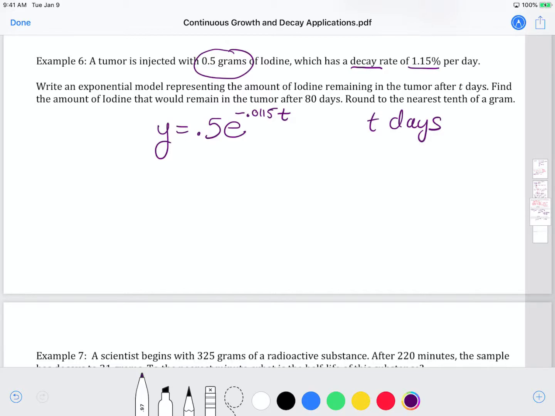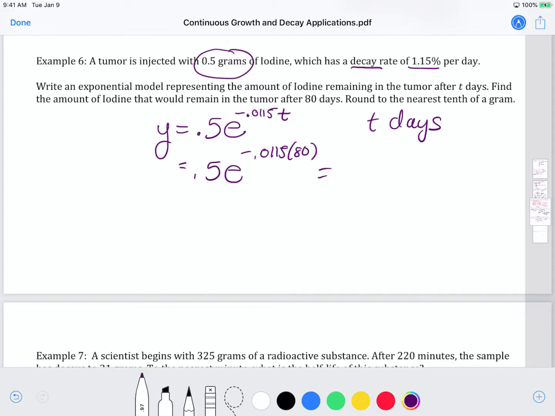Find the amount of iodine that would remain in the tumor after 80 days. So now I'm going to plug in 80 for T, and put that in the calculator and see what I get. I'm going to use my exponential function that's above my log button on my calculator, and make sure I use the negative button, not the minus button.